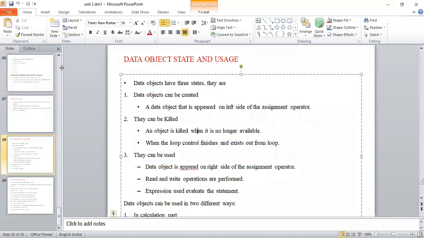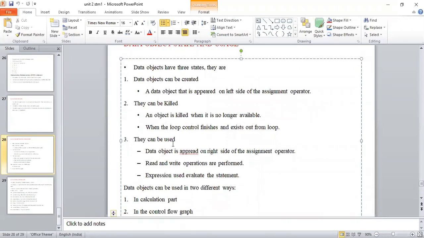One is if the data object is not necessary for further use, or if you are not using it for a long time, it goes to the kill state. The other is after completion of the loop, when the loop control finishes and exits from the loop. When either of these two conditions occurs, the data object goes to the kill state.